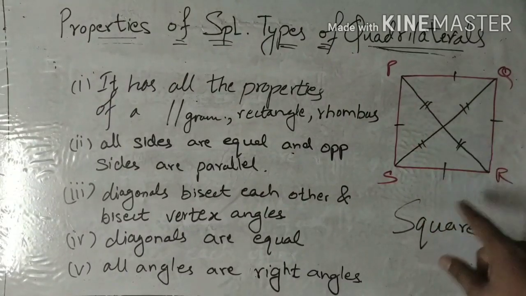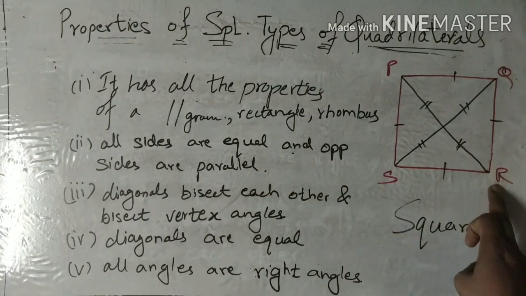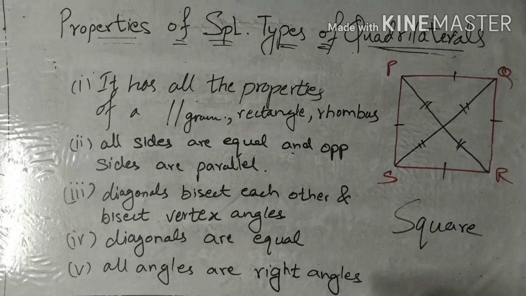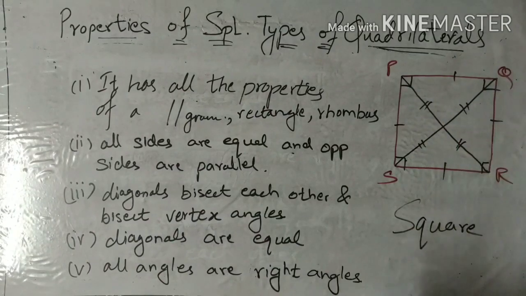PR bisects angle P, QS bisects angle Q. Similarly, angles S and R are also bisected by diagonals SQ and PR respectively. Now all angles are right angles. That means these angles are right angles. So this was square for you all, and here we finish with the special types of quadrilaterals.